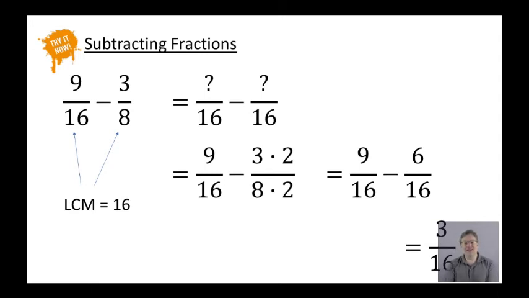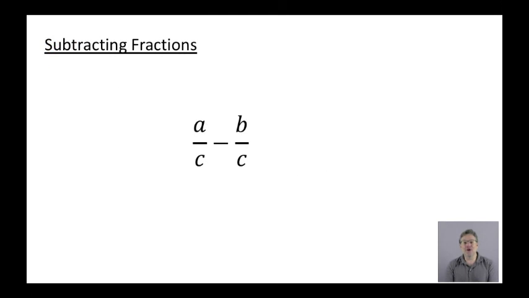So I want you to try and think now of what an appropriate algebraic expression is for describing the subtraction of fractions here. I'm showing you a representation of two fractions with the same denominator c. One has a numerator a, the other one has another numerator b.